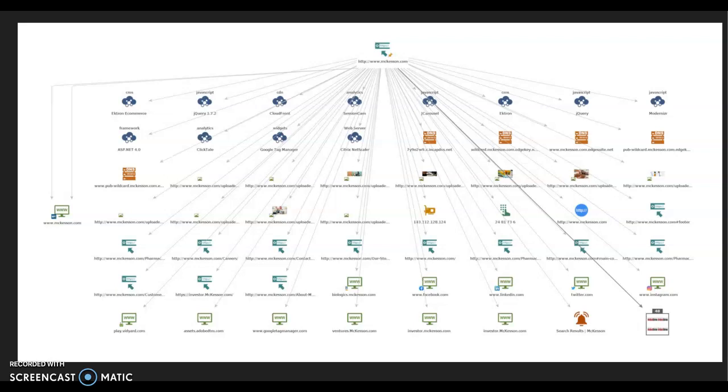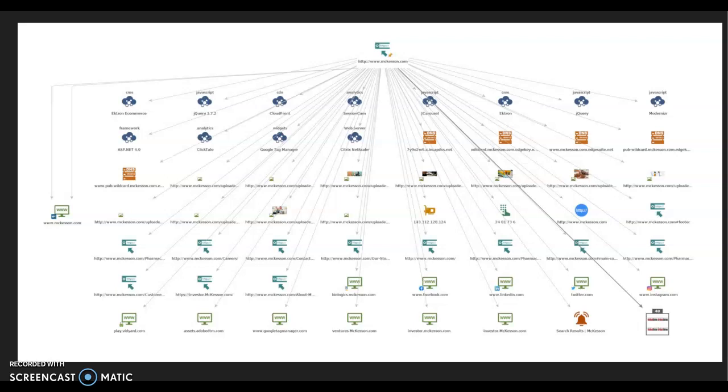Therefore, before any pen tester embarks on carrying out an attack on a target, it's imperative that such a pen tester carry out reconnaissance. Today, we're going to be looking at a reconnaissance carried out on one of the Fortune 500 companies called McKesson.